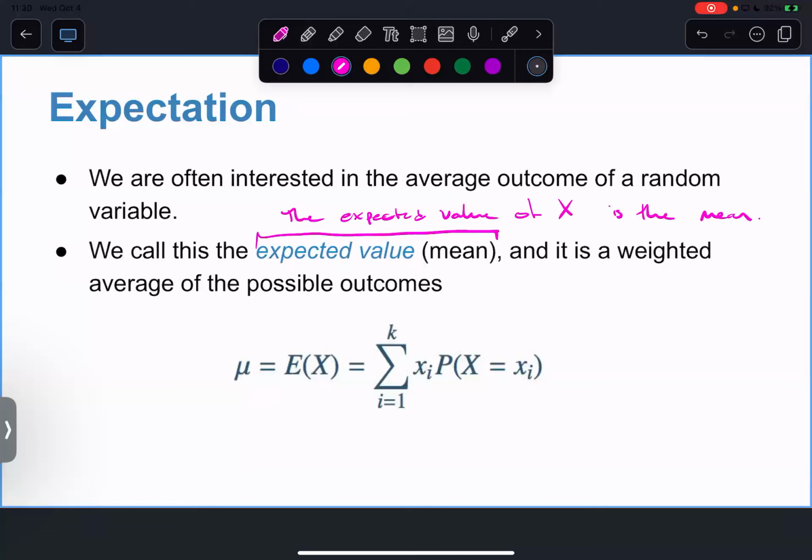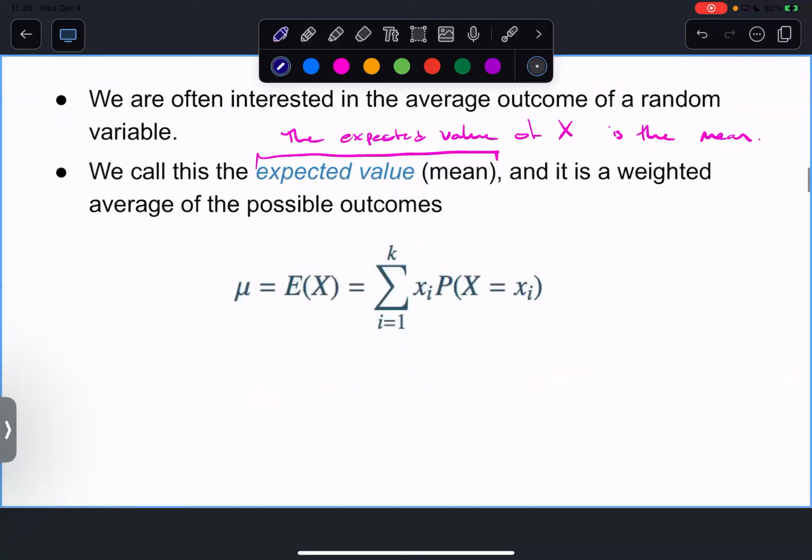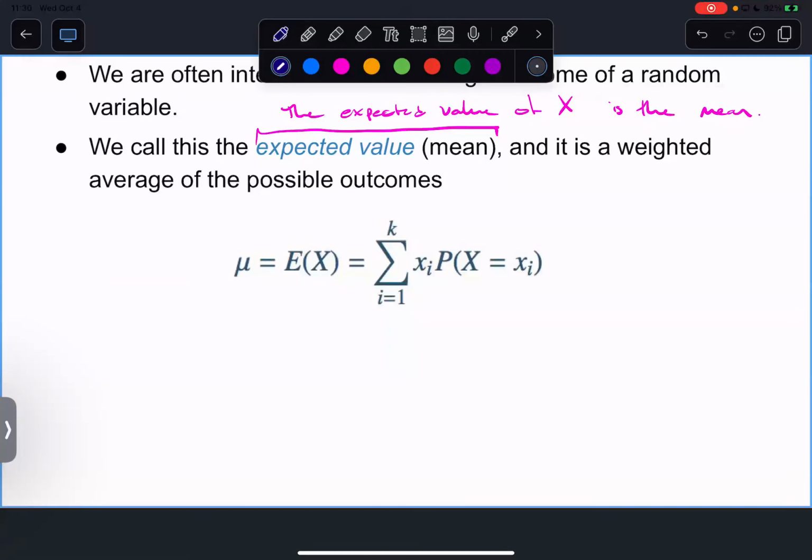Well, what would you do? Knowing only what we know so far, if we let x be rolling a die, the expected roll would yield what? 1 plus 2 plus 3 plus 4 plus 5 plus 6 divided by 6, right?